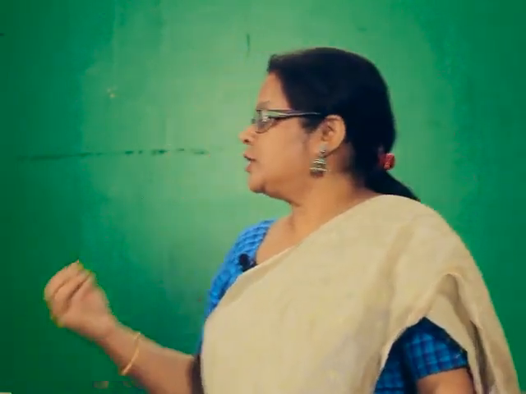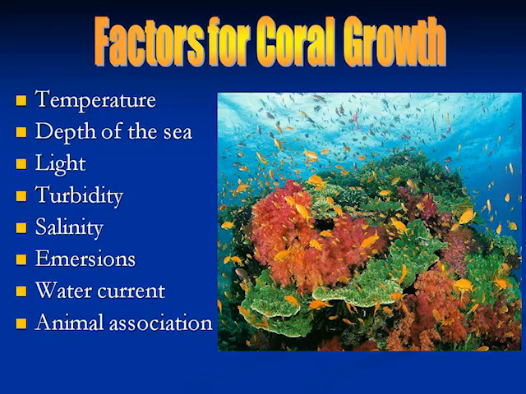And the last but the most important thing is the animal association. As we have said, the growth of these corals is a continuous process. The lower strata of the coral animals are sessile, that means they have a hold fast within the substratum.